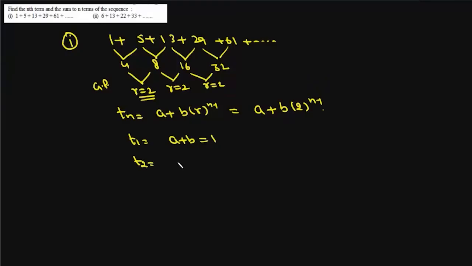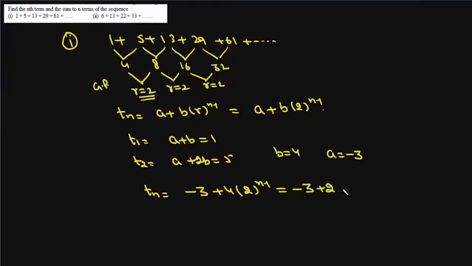If we put n as 2, it will be a plus 2b, and it is 5. Now we subtract, we get b as 4, and if b is 4, the value of a is minus 3. So its general term will be minus 3 plus 4 into 2 to the power of n minus 1, or minus 3 plus 2 to the power of n plus 1.